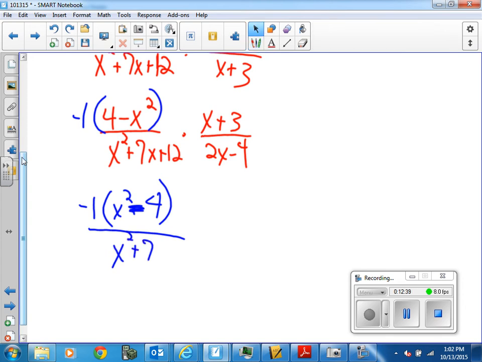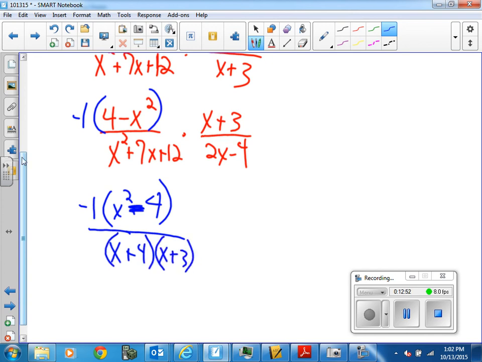Well, let's try and factor the bottom. So the bottom would be x plus 4, x plus 3, and times x plus 3, and then the bottom would be 2 times x minus 2.